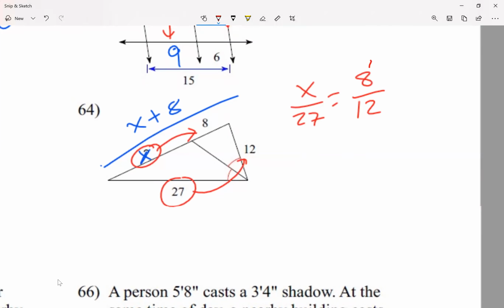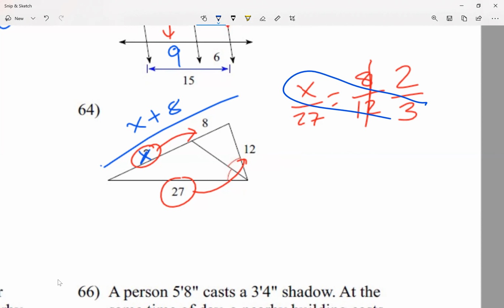Before I cross multiply 8 over 12, let me divide each by 4. So let me just call this 2 over 3. Just want to deal with smaller numbers if possible. Don't have to, right? We can use a calculator, deal with big numbers, but I simplify just to deal with smaller numbers.